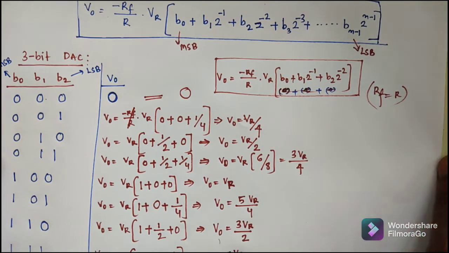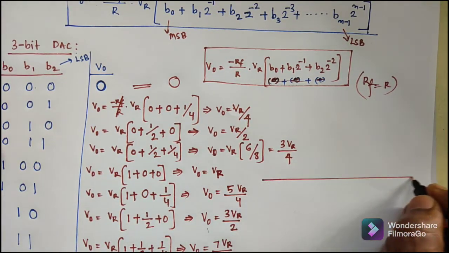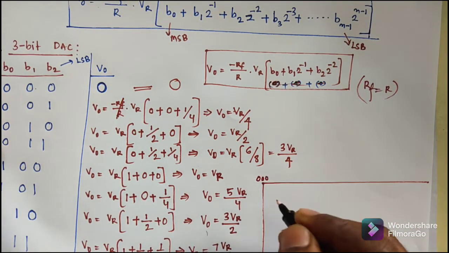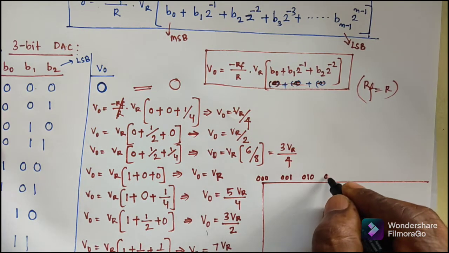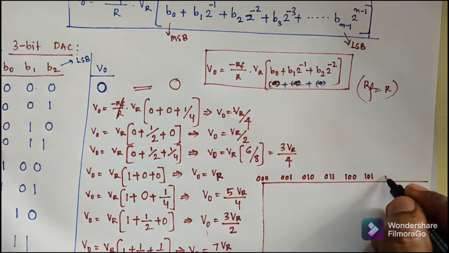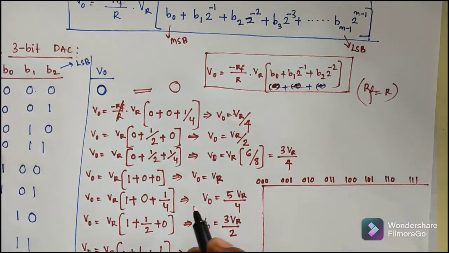So then simply you can draw the graph for this. On the x-axis you are taking 0 0 0, 0 0 1, 0 1 0, 0 1 1, and so on; we have eight possibilities.